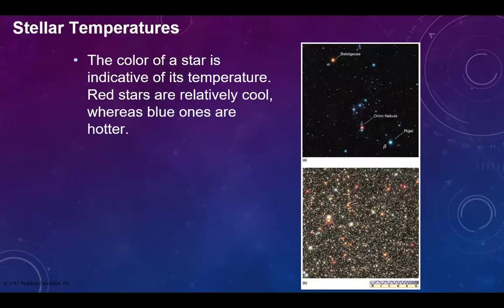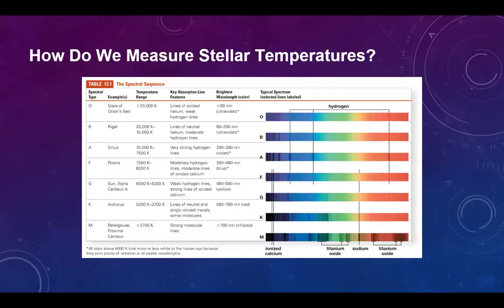So the color of a star is indicative of its temperature. Red stars are relatively cool, whereas blue stars are hot. So here are some examples. So how do we measure this? Well, we can look at the temperature peak, but we can also look at what lines show up in the absorption spectrum, because different temperatures will ionize different amounts of elements.